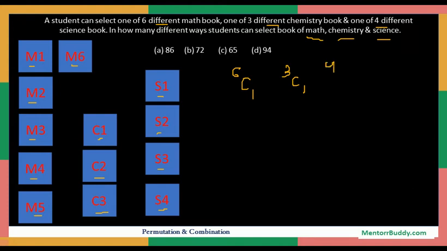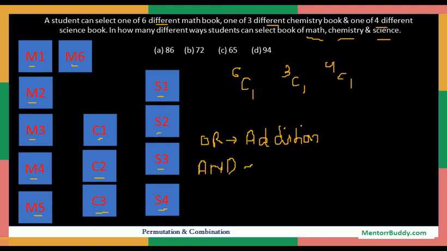Now always remember one thing: in PNC, OR always stands for addition, and AND always stands for multiplication. People usually confuse themselves about where to add and where to multiply.